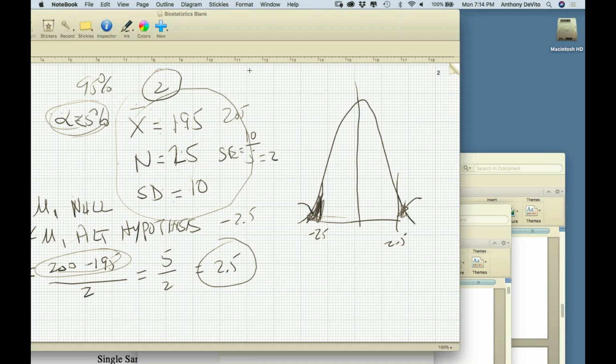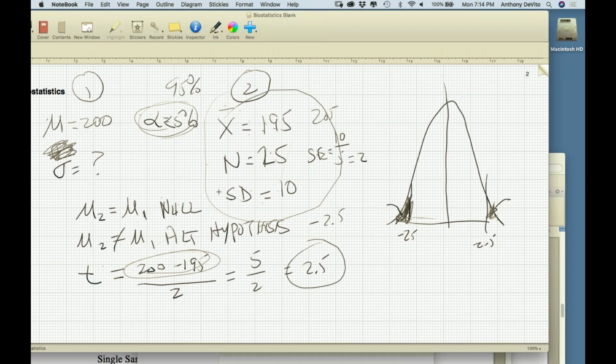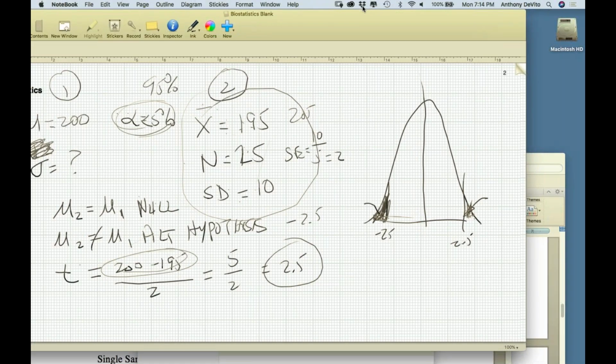I don't have a z table to find this area, but I can go to the t-table, which will tell me what t-score is needed for this sample size for me to say that they are more than 2.5 standard deviations apart on this side and on this side.